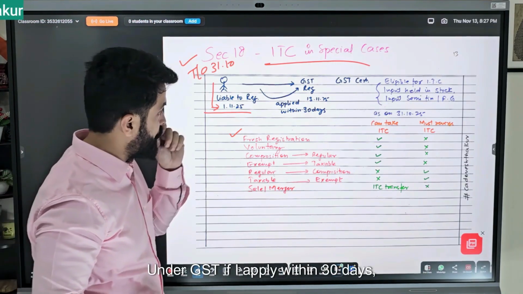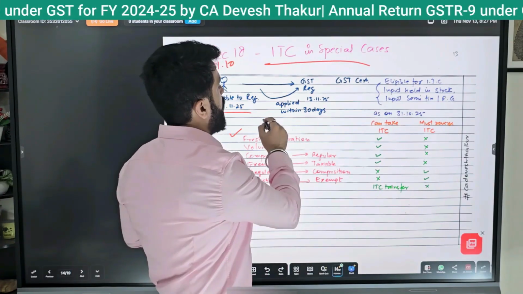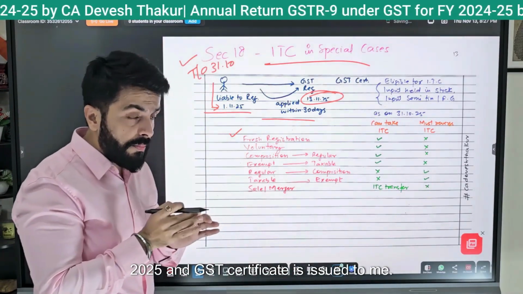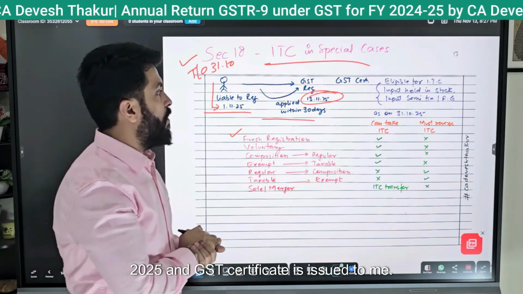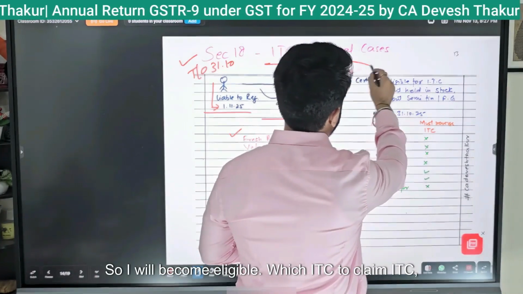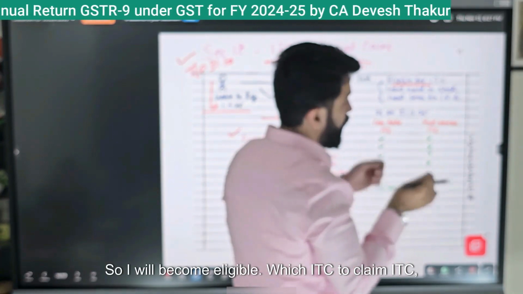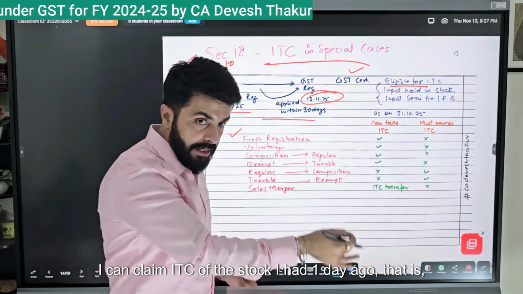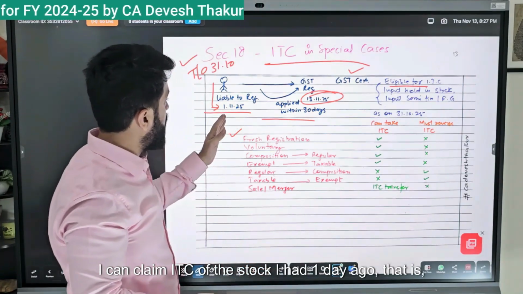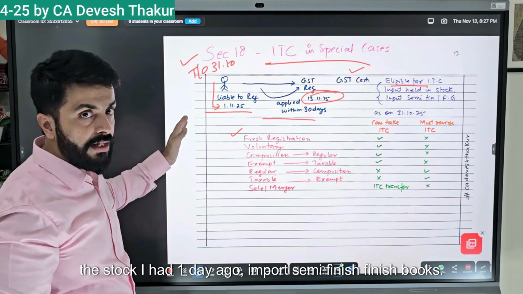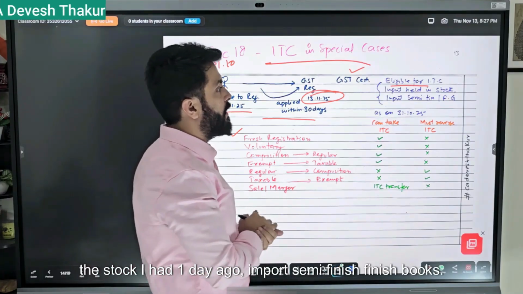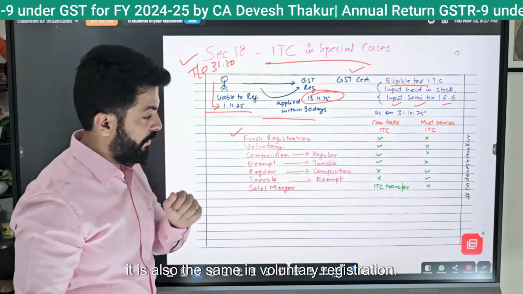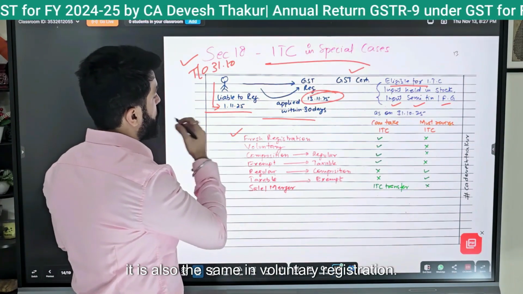Under GST, if I apply within 30 days, let's say I applied on November 13, 2025, and the GST certificate is issued to me, I will become eligible. I can claim ITC of the stock I had 1 day ago, that is, inputs, semi-finished and finished goods.